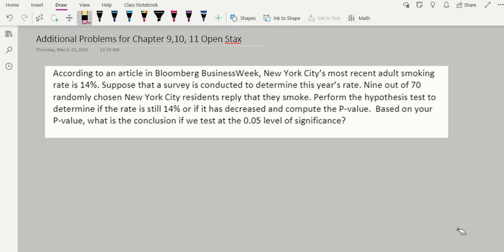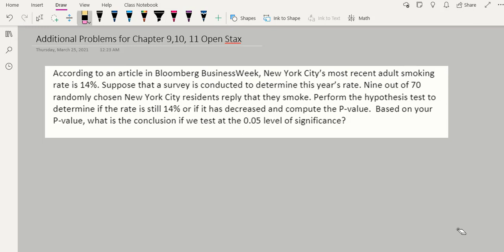According to an article in Bloomberg Businessweek, New York City's most recent adult smoking rate is 14%. Suppose that a survey is conducted to determine this year's rate. 9 out of 70 randomly chosen New York City residents replied that they smoke.